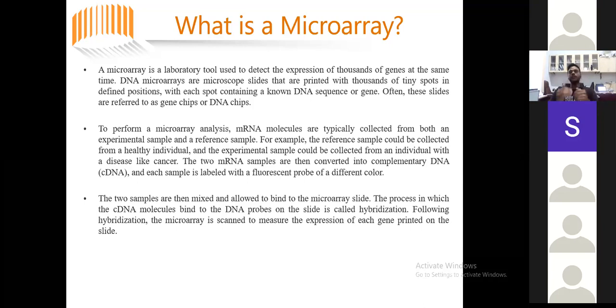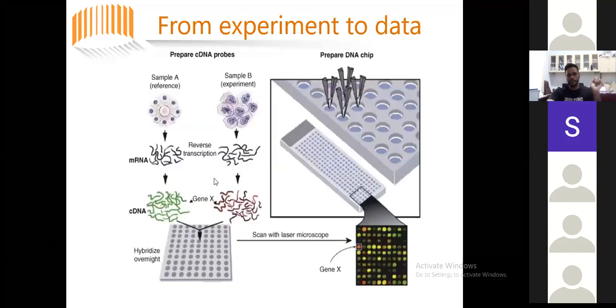Following the hybridization, you get intensity patterns, red or green, depending on the expression levels, showing how strongly the gene is upregulated or downregulated in the abnormality condition as compared to the reference condition. So this is a normal picture of a microarray experiment where the two samples are clearly shown as reference and sample.